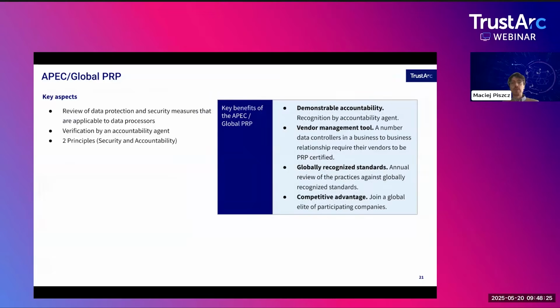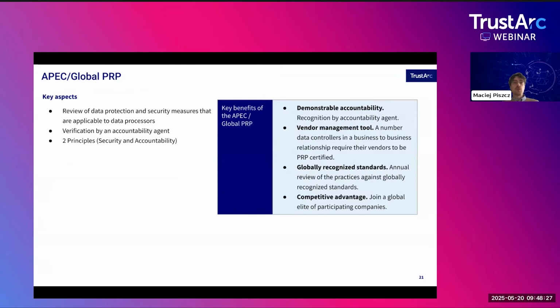This is a very important tool in the data transfer strategy, which adds another transfer mechanism to your portfolio. There is an annual review of your privacy practices, and joining the global elite of certified companies gives you a great competitive advantage. So that's for CBPR. Can we move to the next slide and talk about PRP?